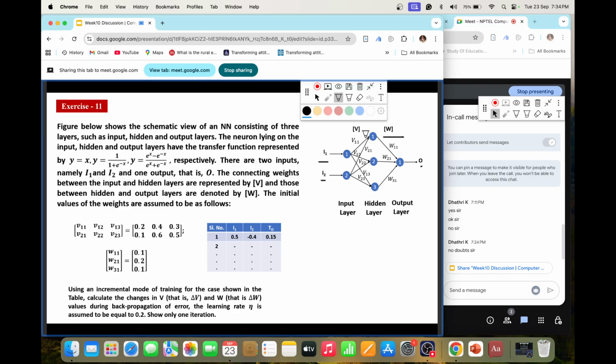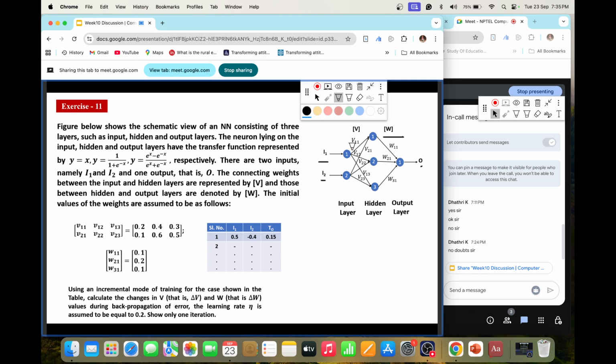And W means the weights from the hidden layer to the output layer. W11 means weight from the first neuron of the hidden layer to the first neuron of the output layer. W21 means the second neuron of the hidden layer to the first neuron of the output layer. W31 means the third neuron of the hidden layer to the first neuron of the output layer. So this is the thing.